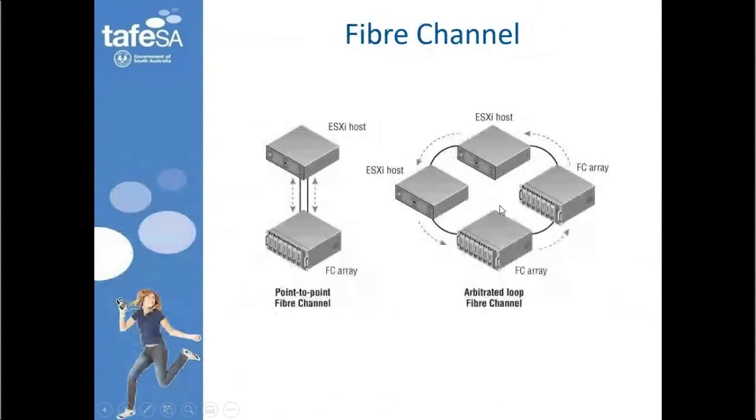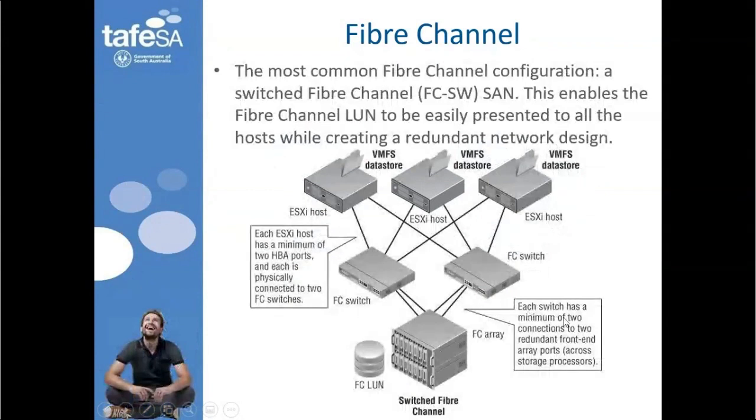All right, so with some pictures to help us understand, we have ESXi, we have specialized HBAs, and we use fiber optics to connect. Or we can have this arrangement, a fiber channel arbitrated loop, or more specifically, this one is more common.